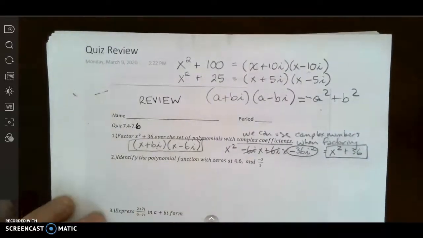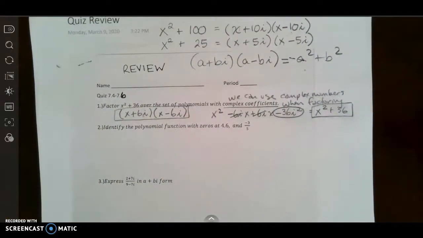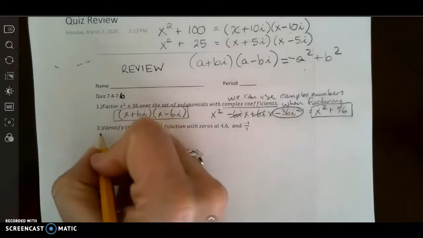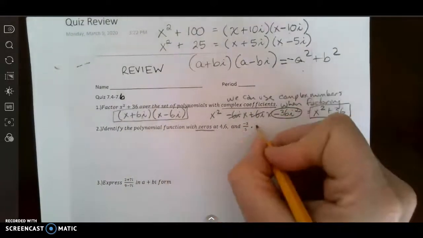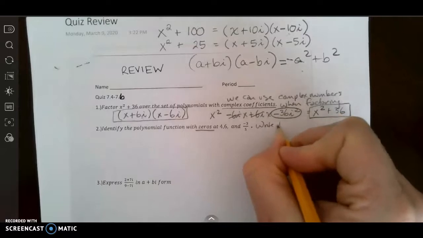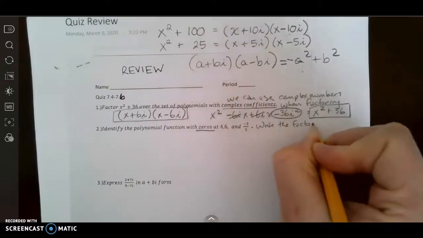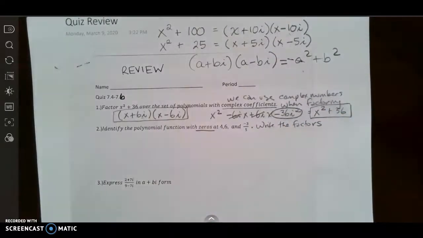Let's go to number 2. Identify the polynomial function with zeros at 4, 6, and negative 3/5. So my factors, remember, when we know the zeros, write the factors. That's what we learned in our factor theorem: if you know the zeros, you know the factors. If you know the factors, you know the zeros.